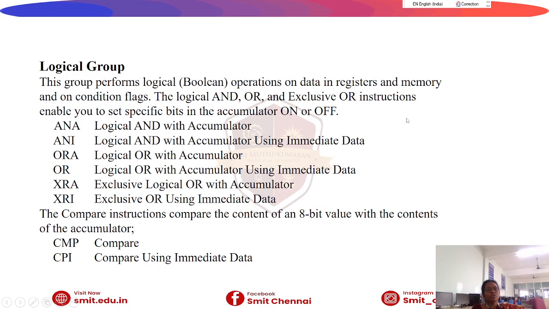Next one is the logical group. These functions perform logical or Boolean operations on the data in the registers and memory and on condition flags. The logical AND, OR and exclusive OR instructions enable you to set specific bits in the accumulator on or off. ANA, ANI, ORA, ORI, XRA, XRI.